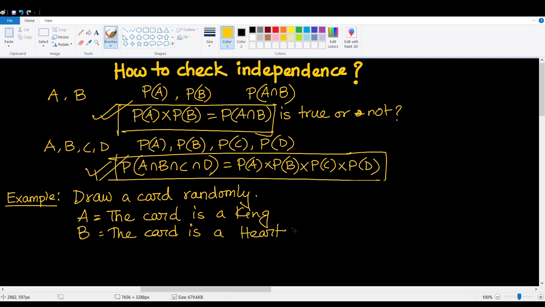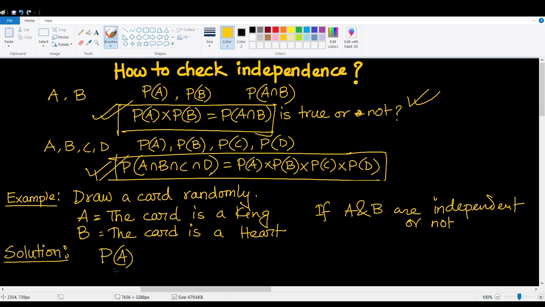So these are two events. If you cannot readily state whether these events are independent or not, you are going to check it using the formula stated above. You want to know if A and B are independent or not.